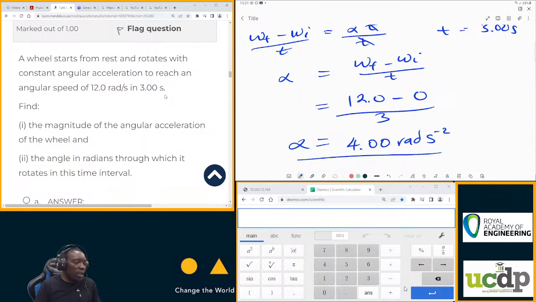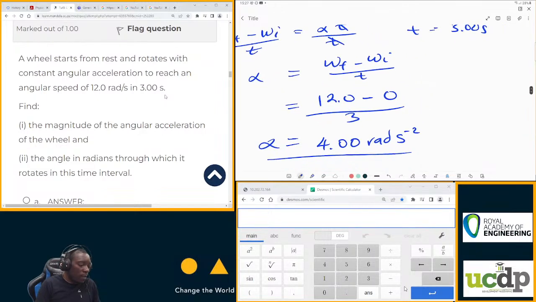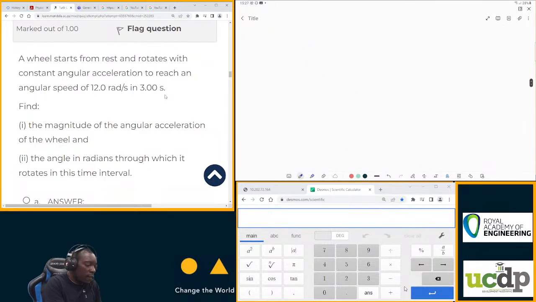And the angle in radians through which it rotates in this time interval. The angle theta is equal to omega I, initial velocity, times t plus half alpha t squared.